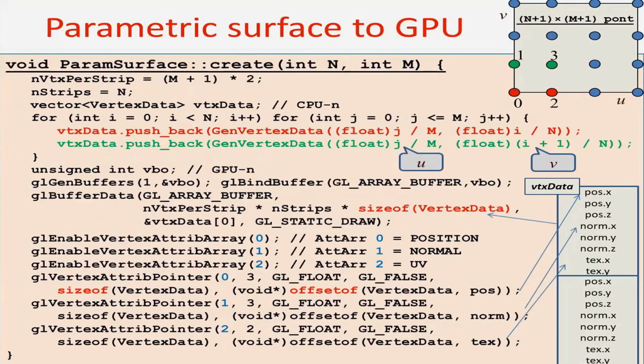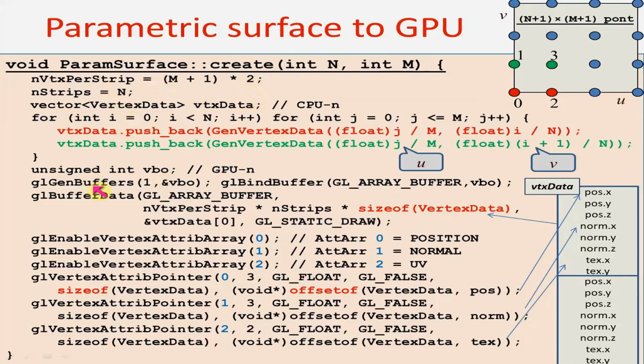Recall that we have activated the VAO and then this create function is called. Now its corresponding data is stored in a single VBO, vertex buffer object, which is created here. If the parameter space is decomposed to n columns and m rows, then we have n strips and (m+1) multiplied by 2 vertices.